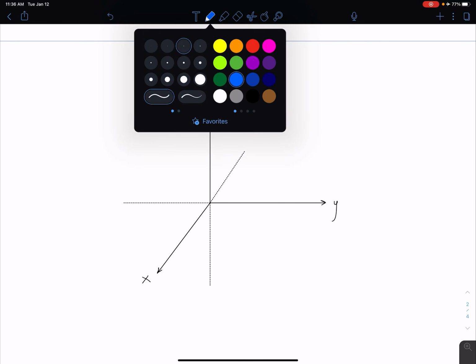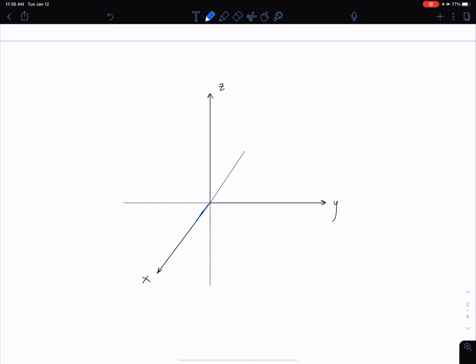So this would be our A sub x in our unit vector x direction, because our unit vector x is in the direction of our x-axis. We then have some component of A in our y direction, maybe something that looks like this. So this would be A sub y times our unit vector in y. And then we have some z direction, which is going to get out of our xy plane, so maybe we go up somewhere like here. So this would be A sub z in the direction of the unit z vector.